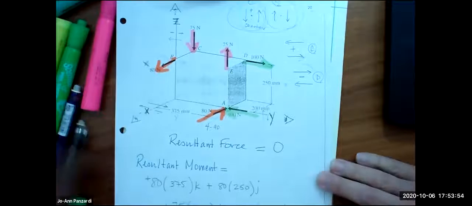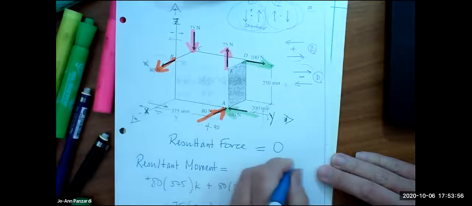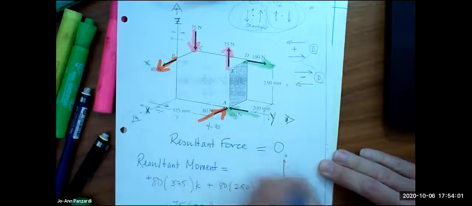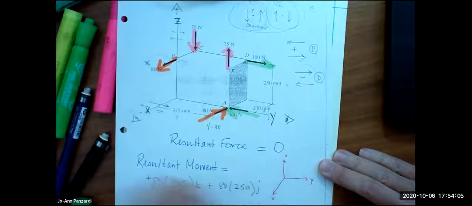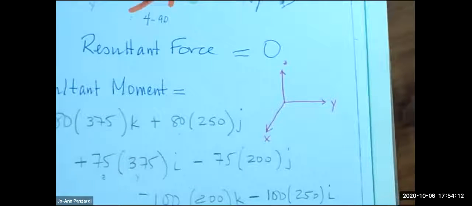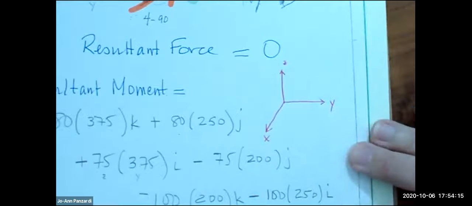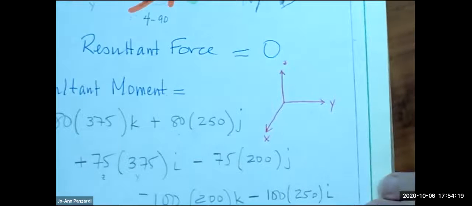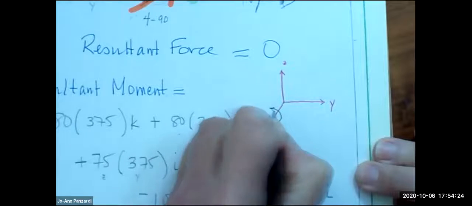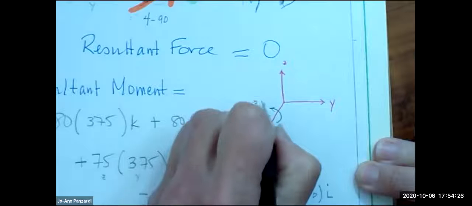Let's draw it. Here's my x-axis. Let's see. This is Z. This is Y, and this is X. What is happening here? Well, we have a positive moment in the X, and it's 3.1 Newton meters.